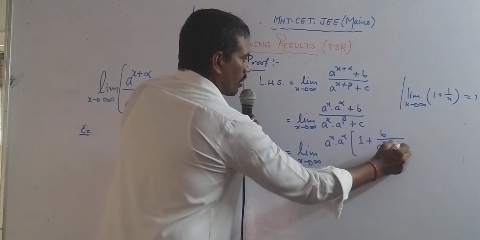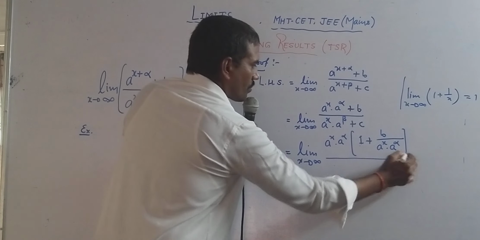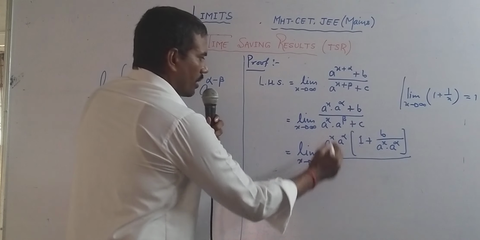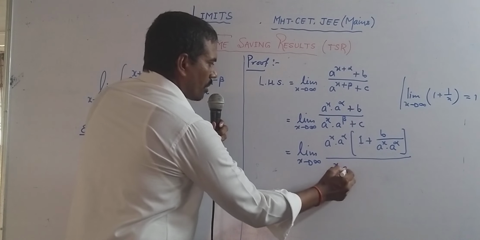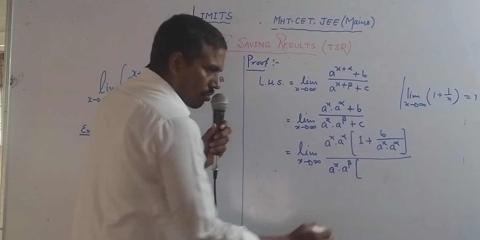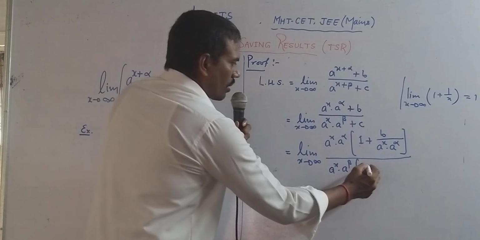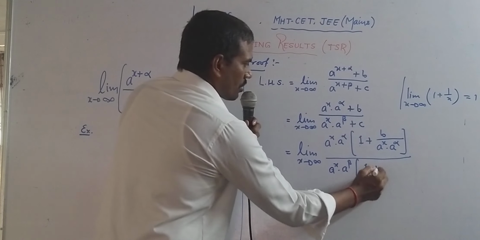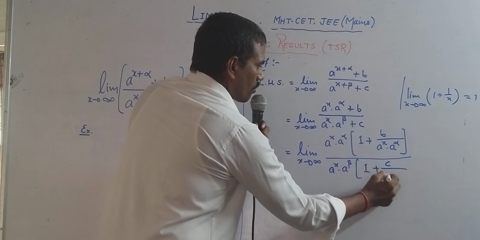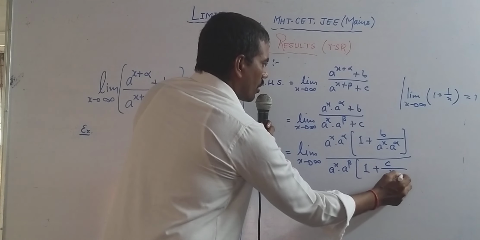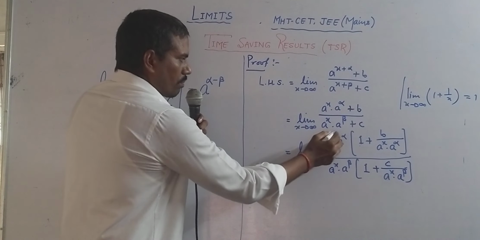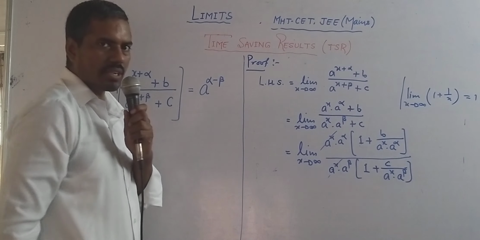And in the denominator, when we take a to the power x into a to the power beta as common, we get the first term is 1 and the second term is c divided by a to the power x into a to the power beta. And a to the power x and a to the power x get cancelled.